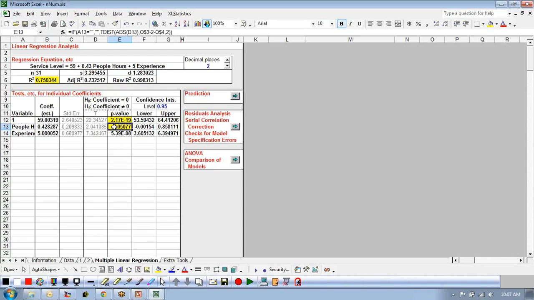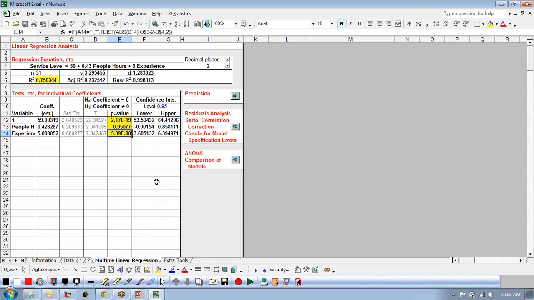I tend to be a little bit more aggressive on these, so I tend to keep it if it's 0.1 or less, or 10% or less. Some people still stick with the p-value of 0.05 being low and let it go. I tend to use the 0.1. So let's leave it at that. I'm going to leave it in the model, and then this one certainly is significant.